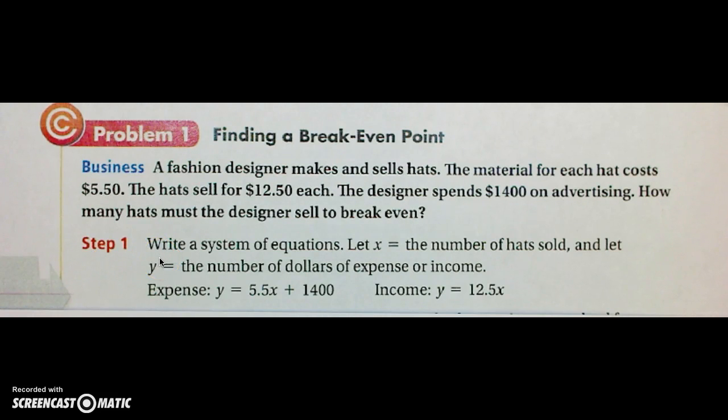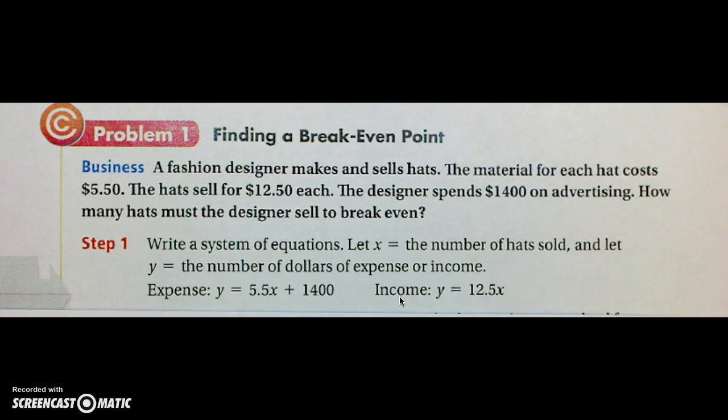Write a system of equations. Let x be the number of hats sold, and let y equal the number of dollars of expense or income. Our expense is y equals 5.50x, since it costs $5.50 per hat and x is the number of hats sold, plus $1,400 for advertising, which is part of our expenses.